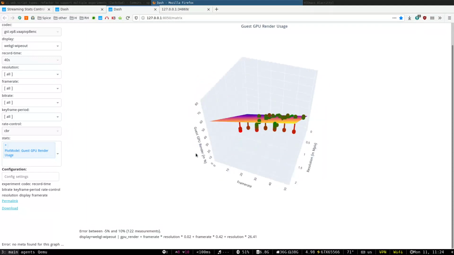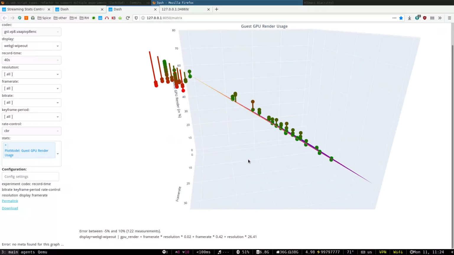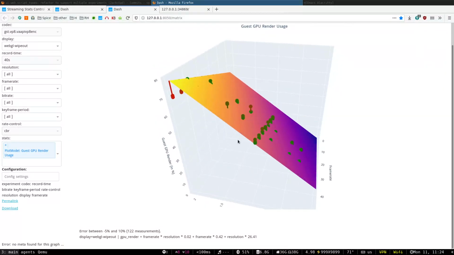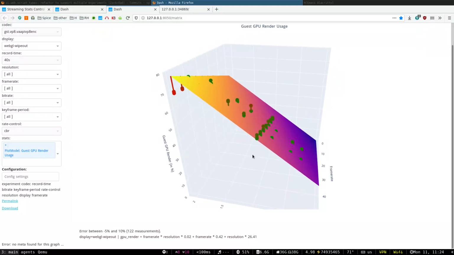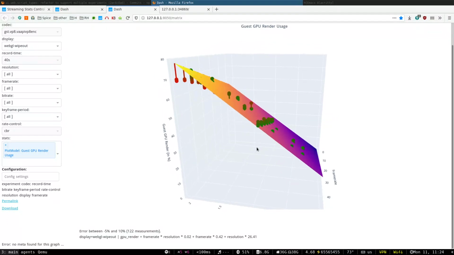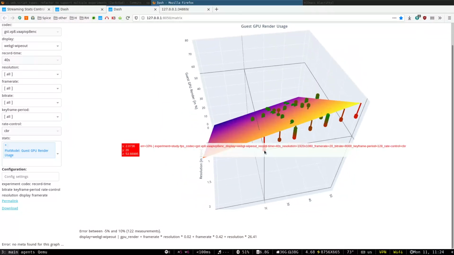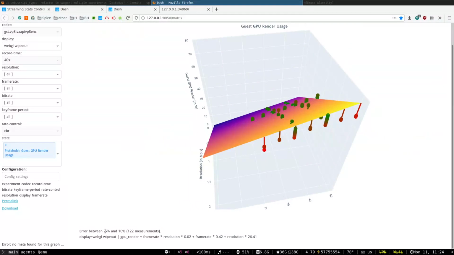So what we see on this graph is the plane we've defined, and the dots are all the experiments that were executed, and the color tells the distance between the plane, the computed solution, and the measured solution. And we see that in this experiment we get a maximum of 10% of error, between -5 and 10.